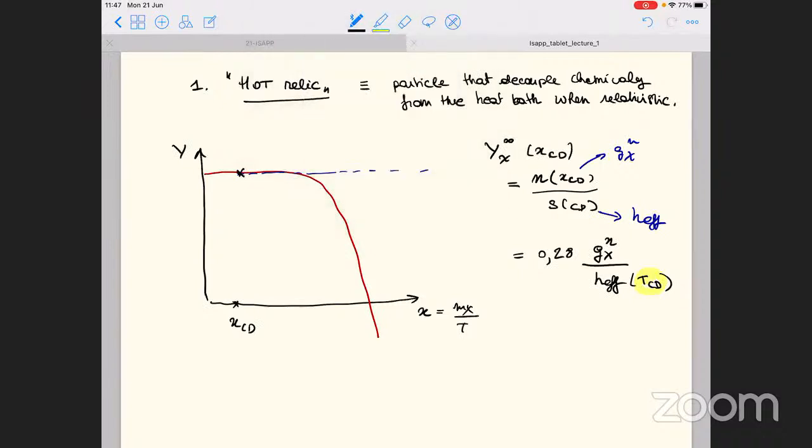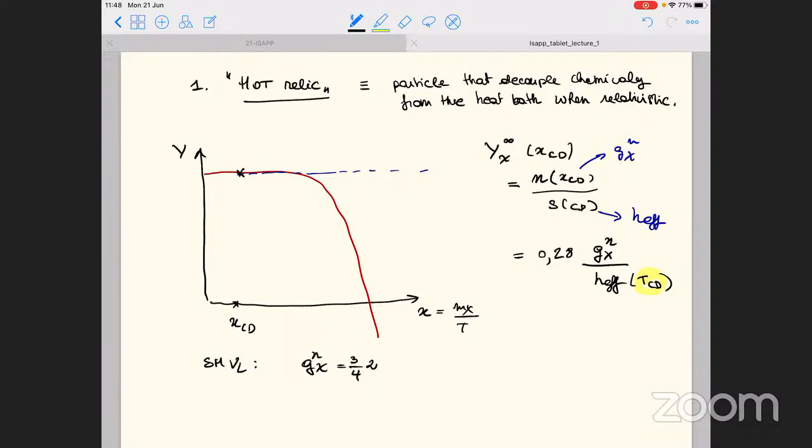So let me go to the case of essentially the standard model neutrino, which is the case where I have g_chi equal to 3/4, because it's a fermion, times 2 for the number of degrees of freedom. Let's now see what is the temperature of kinetic decoupling I could have for such a particle.